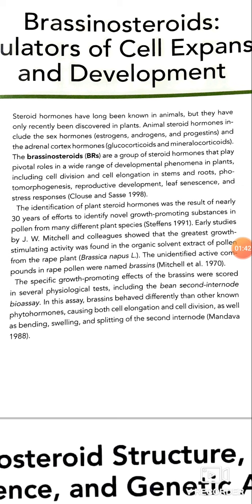Early studies by J. W. Mitchell and colleagues showed that the greatest growth stimulating activity was found in the organic solvent extract of pollen from the rape plant. The unidentified active compounds in rape pollen were named brassins.